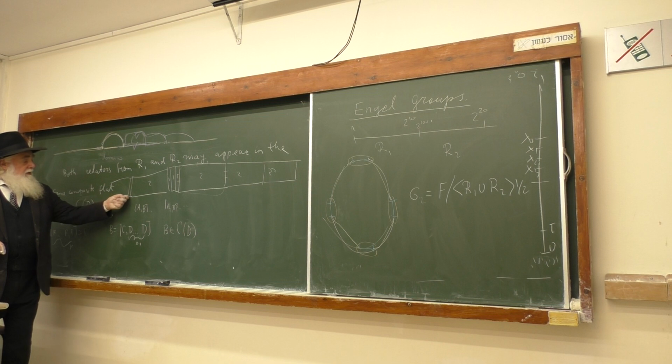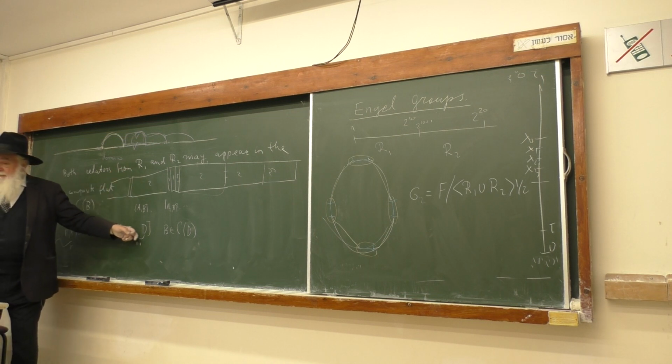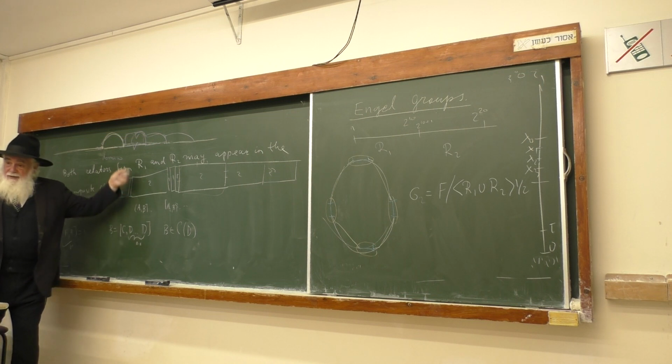So here could be a situation: this is a word of these commutators, any product of this, or a product of these words with various C here.